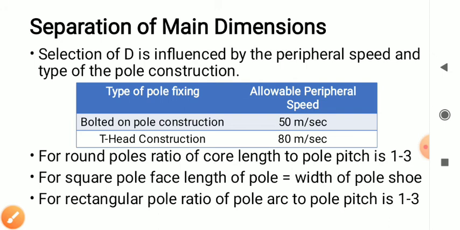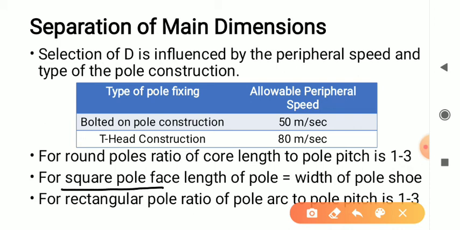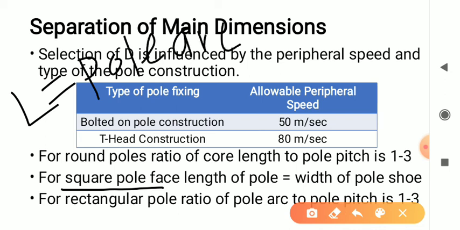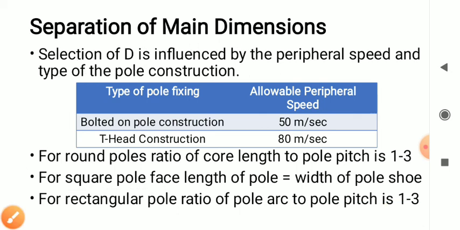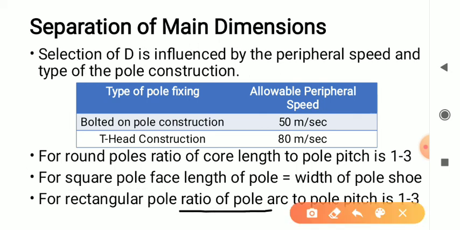And along with this, for the round poles, if we consider a square pole face, then the length of the stator core L is equal to the pole arc. And for a rectangular pole, the ratio of pole arc to the pole pitch is 1 to 3.